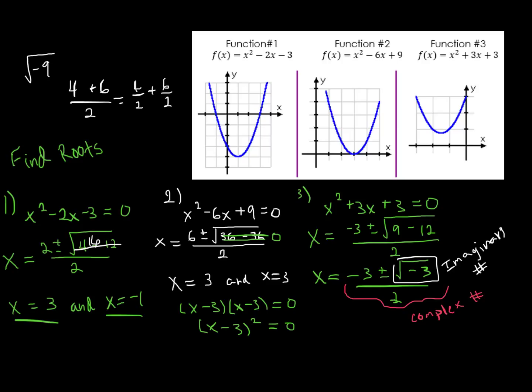And you can check this. So 4 plus 6 is 10, over 2 is 5, and 4 over 2 is 2, 6 over 2 is 3, 2 plus 3 is 5. Another way to make sure that this is correct is notice that these have a common denominator, so you're adding the numerators and keeping the denominator the same, which is exactly what we've done here.